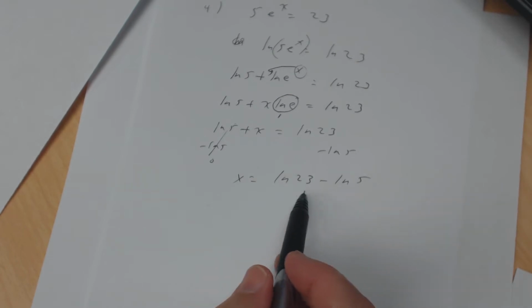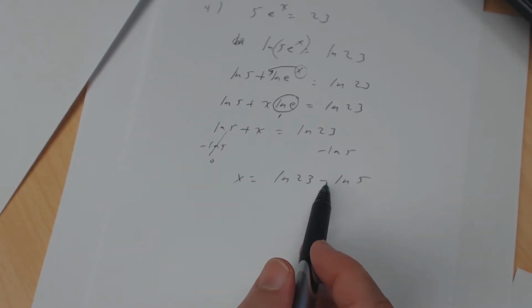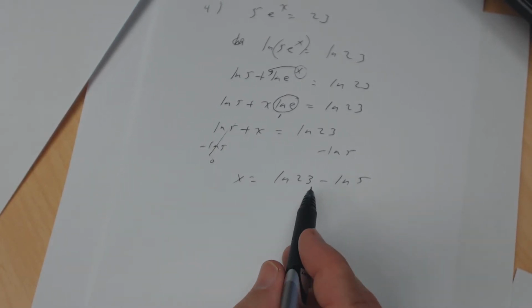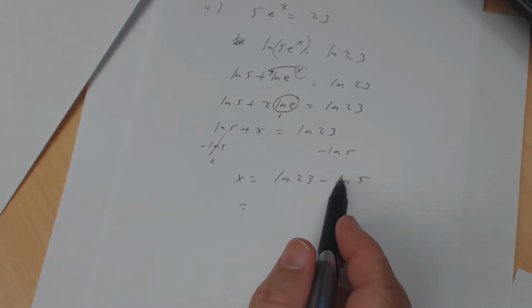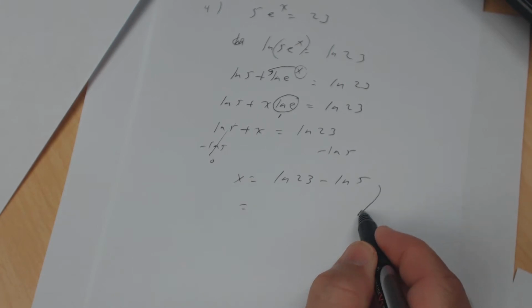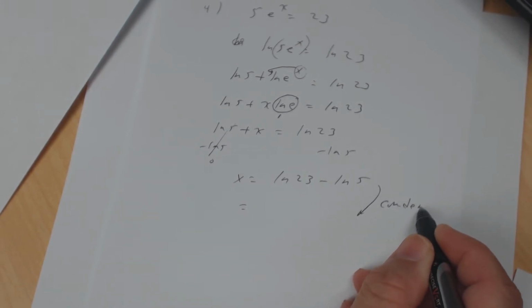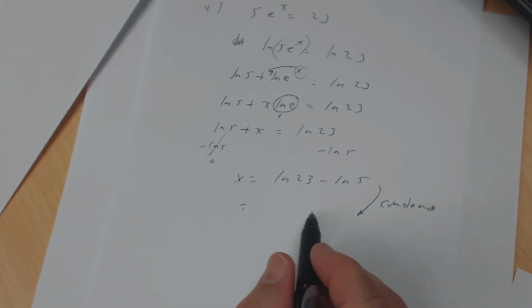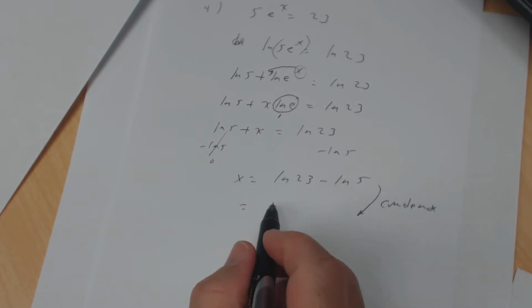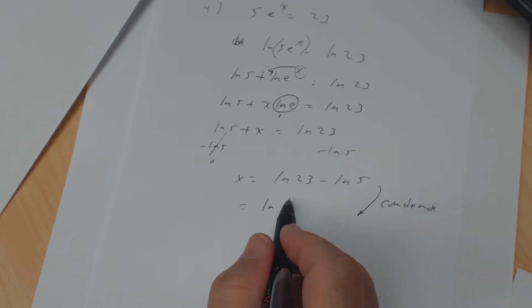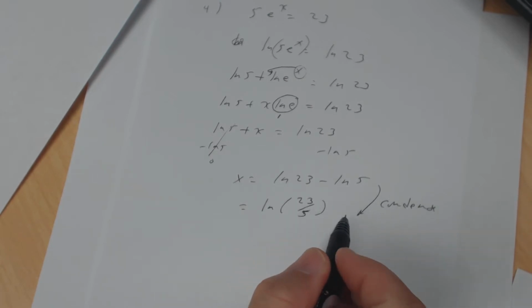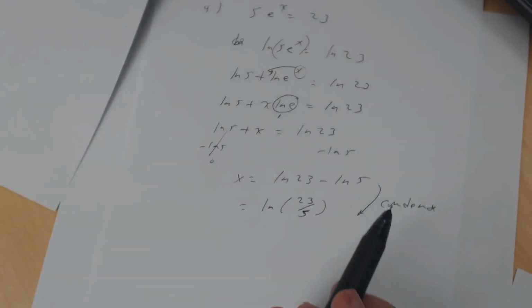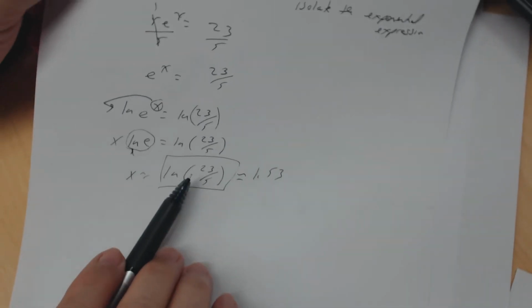And remember, I can rewrite the difference of the natural logarithms as one natural logarithm. So I can condense this. Remember we did some problems where we had to condense. When I condense this, it's just a subtraction, so I'm going to write this as a quotient. So it'll be the natural log of 23 divided by 5, which is what this is right here.